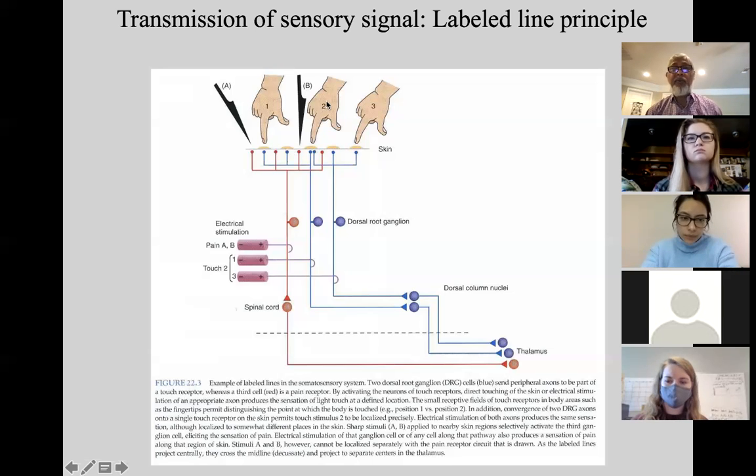But if you touch at 2, which means you are touching on this one and this one, now both this nerve and this nerve will be stimulated, and will carry the same response. So which one will you feel better, 3, 1 or 2?